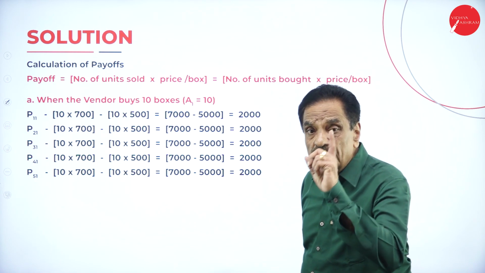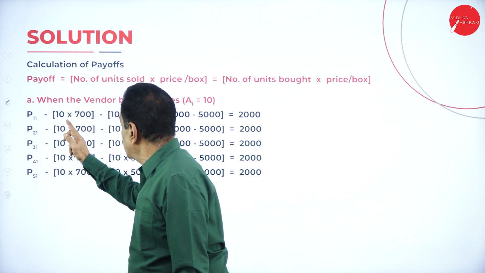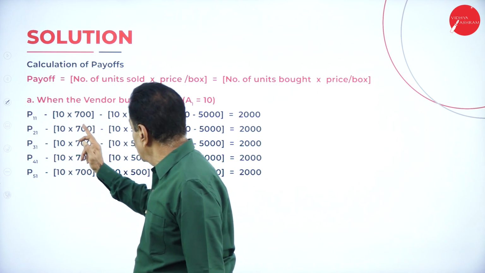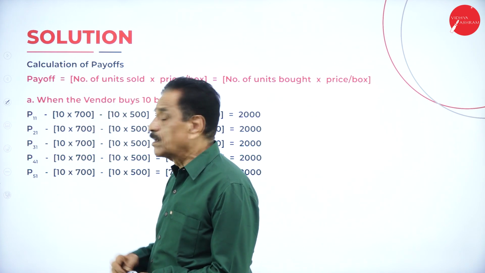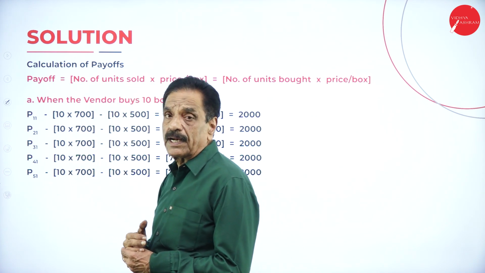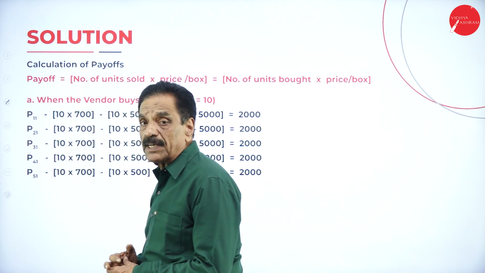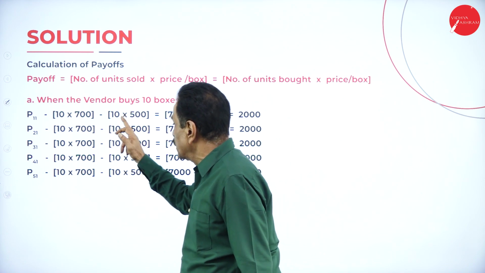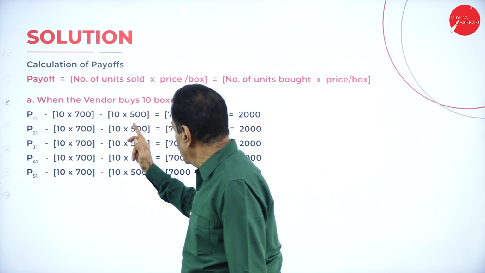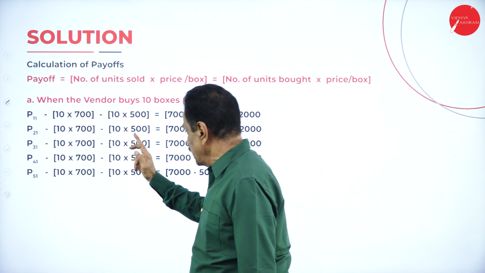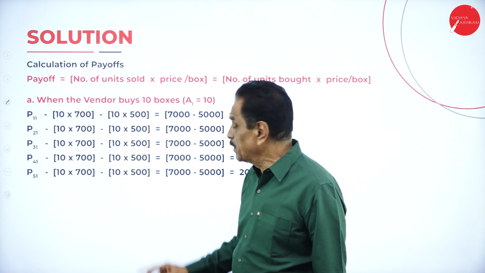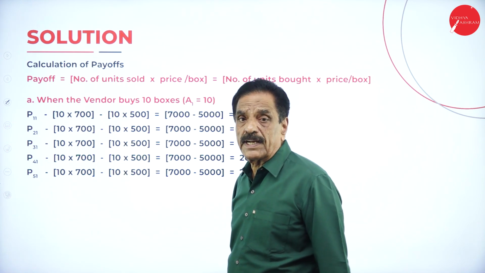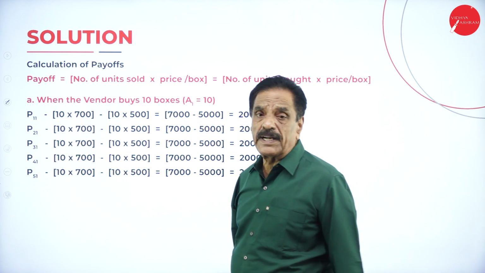When they sold 13 boxes, 10 into 700, 11 into 700, 12 into 700, 13 into 700. Here in the buys, 13 into 500 for each.